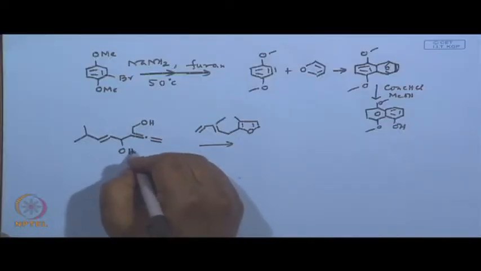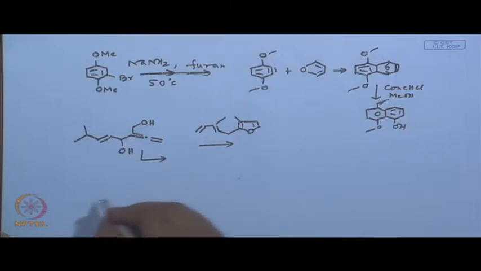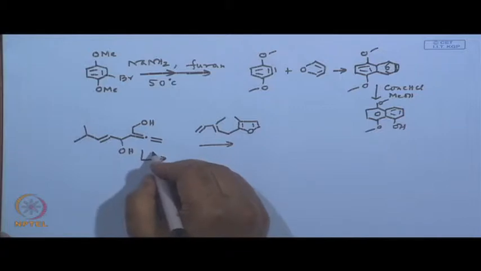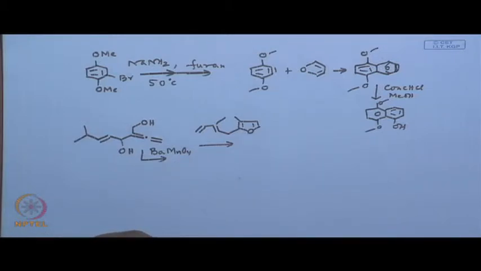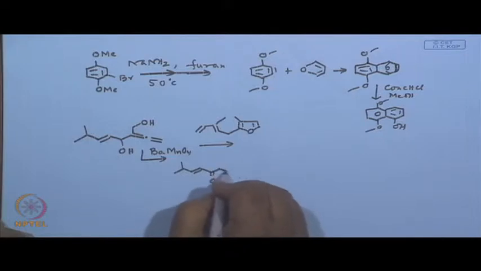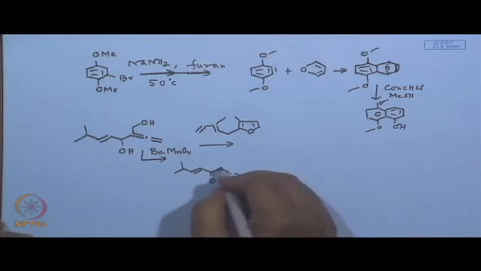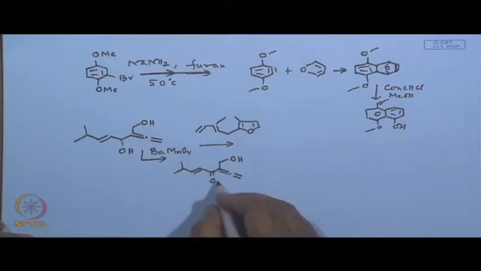And if you react this with a very uncommon reagent, actually this is known as barium manganate. What is the use? Barium manganate is a selective oxidizing agent. Normally it oxidizes benzyl and allylic alcohols, but in this case you have two allylic alcohols, one secondary and one primary, and which could be oxidized, that is it, nothing else.